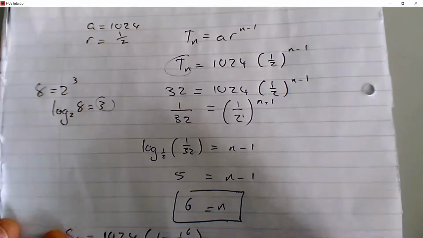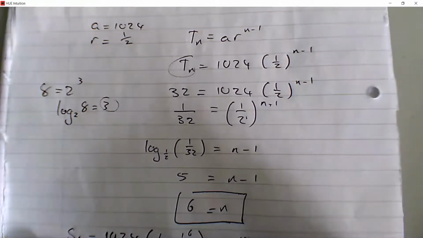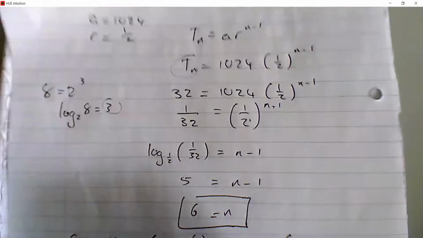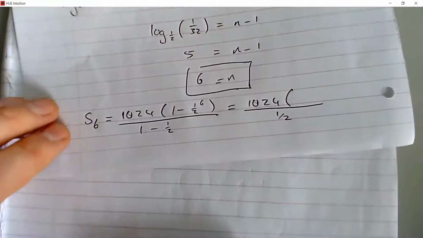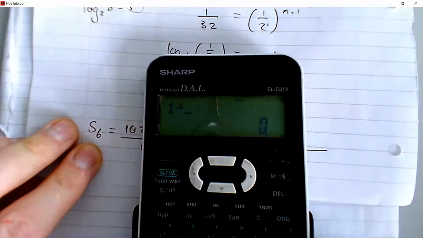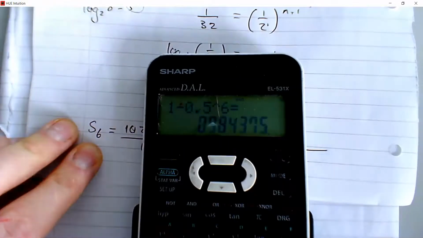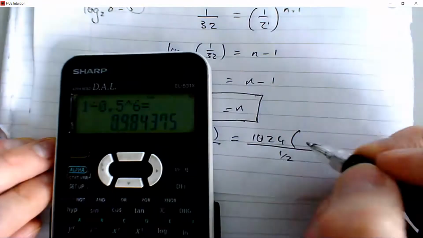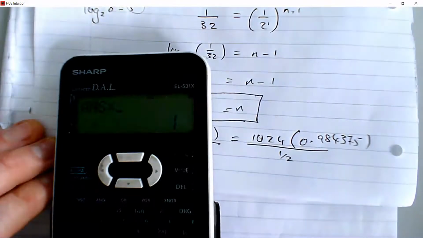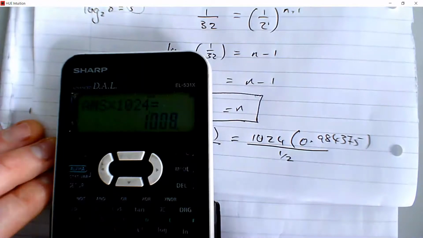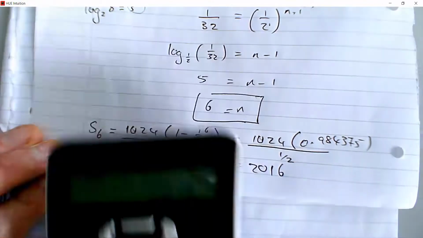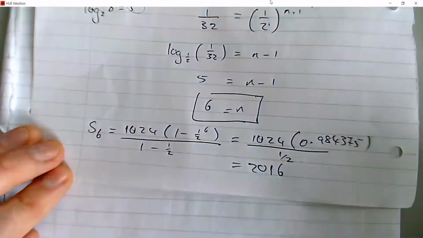By the way, this formula is going to come up an awful lot in financial maths, so do familiarize yourself with it and make sure you're comfortable with it. 1 minus 1/2 to the power of 6 gives 0.984375, which I'm sure is some fraction. Multiplied by 1024, and you get 1008. Divide by 1/2, and you get 2016. So that's question 2.